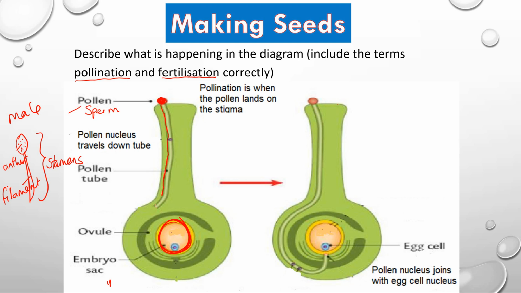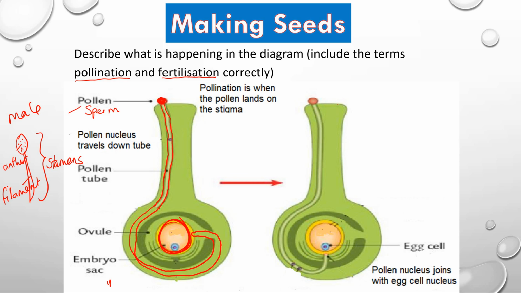And the tube grows down from the stigma, down through the style. And then when it gets to the swollen ovary, it needs to go all the way around to find the entrance into where the ovule is. So here's my pollen tube growing in a big curl all the way down.